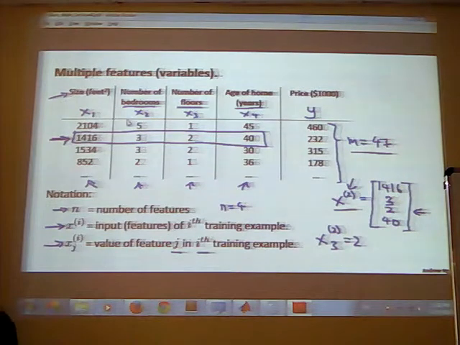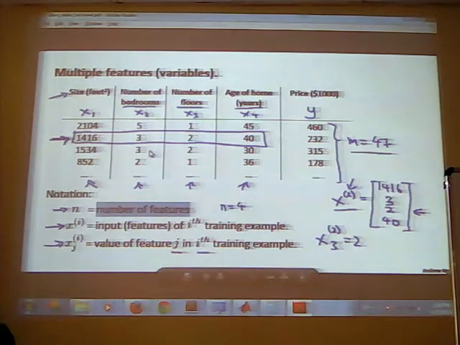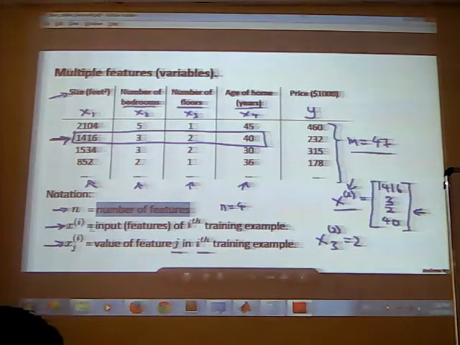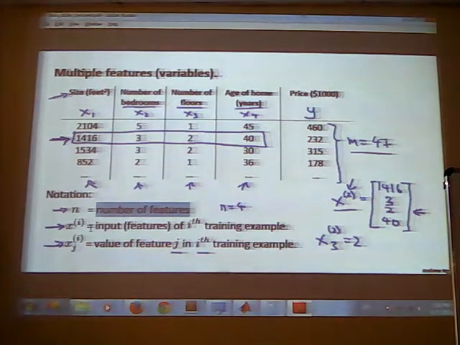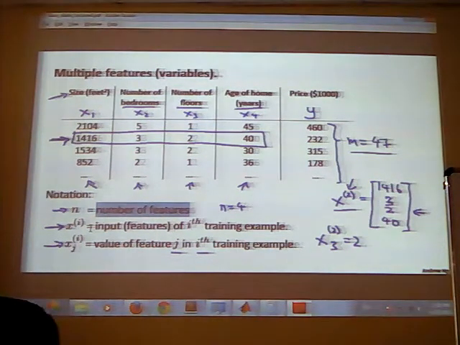So how many features are we having? 4 features or 4 input variables. The notation we are going to use is n, which denotes the number of features. So what is n over here? 4.